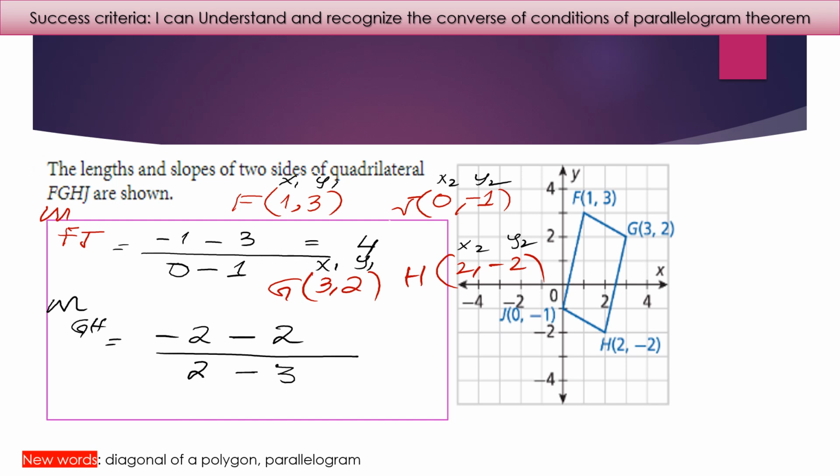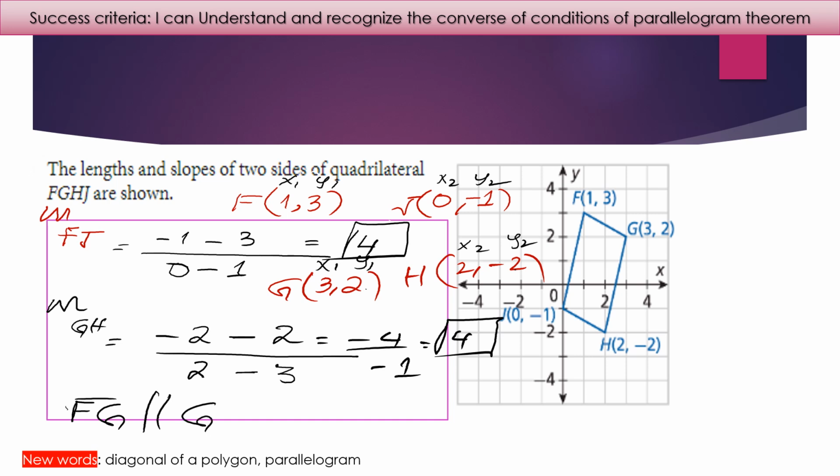So negative 2 minus 2 gives me negative 4, 2 minus 3 gives me negative 1, and negative 4 divided by negative 1 gives me 4. Can you see that both lines have the same slope, which means that the line FJ is parallel to GH.